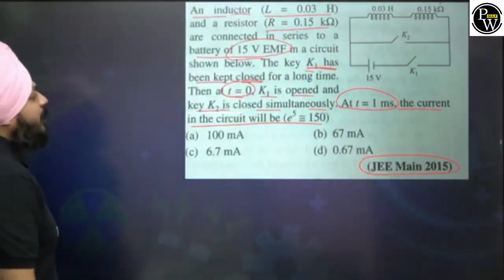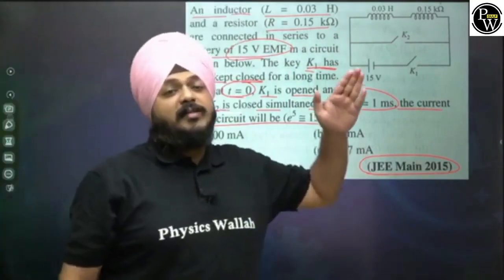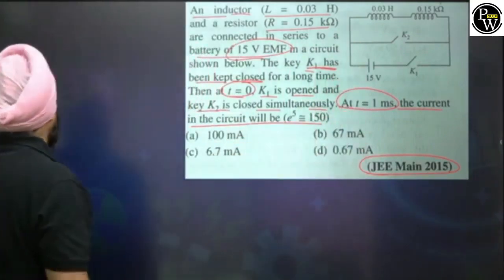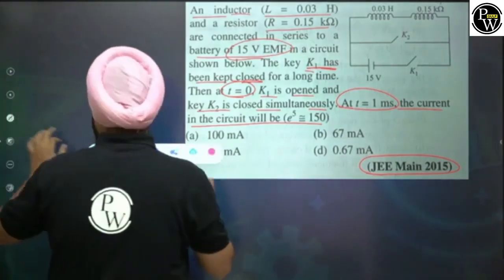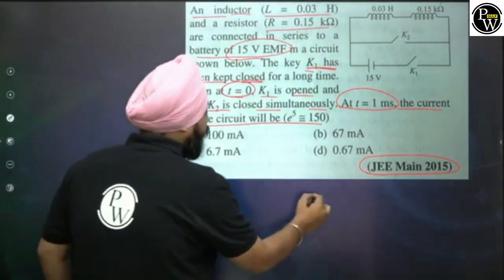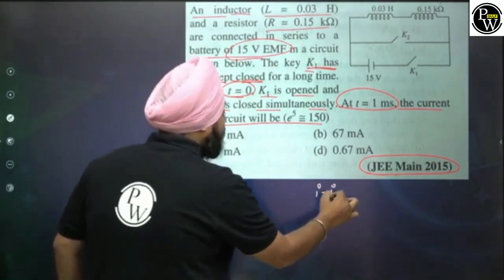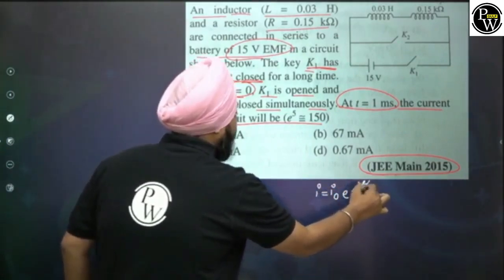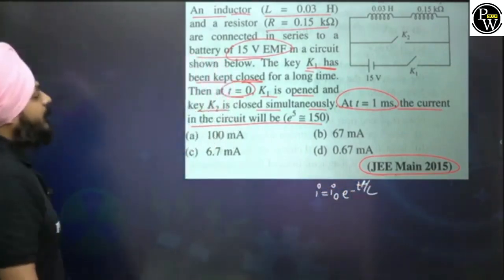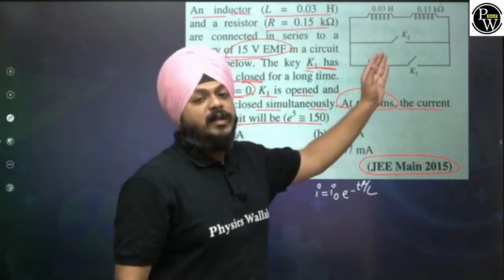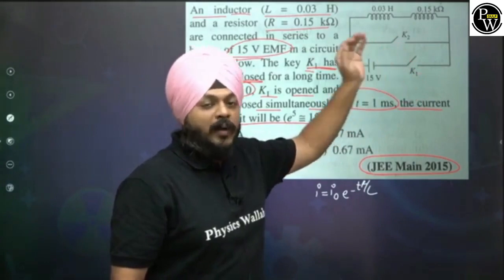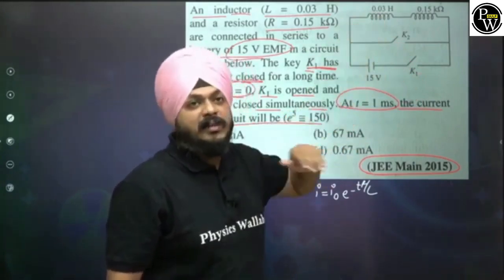Right, now see what happens. Current is decaying. If the current is decaying, then which equation do we need to follow? I is equal to I0 e raised to minus t R by L. When K1 was closed and K2 was open, the current was rising to its maximum value.